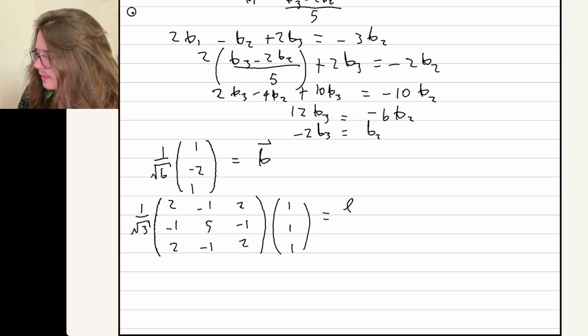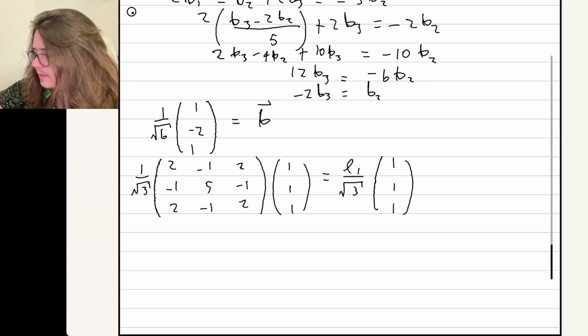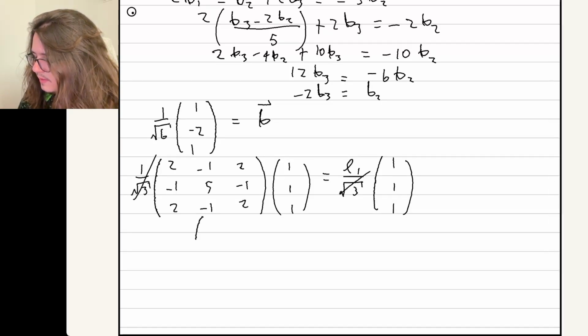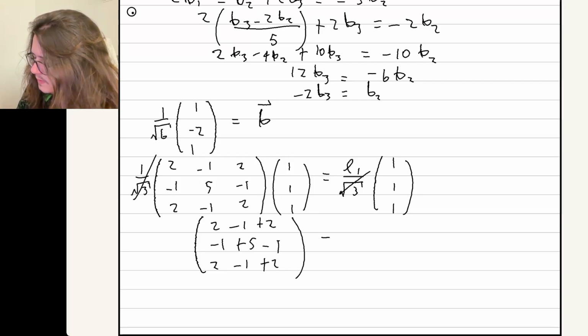And then we'll call the corresponding eigenvalue for the matrix B just L1. And then it's also multiplying our eigenvector 1 over root 3 times 1, 1, 1. The normalization stuff cancels out, and then the left-hand side turns into the vector 2 minus 1 plus 2, minus 1 plus 5 minus 1, 2 plus minus 1 plus 2 equals L1 times 1, 1, 1.